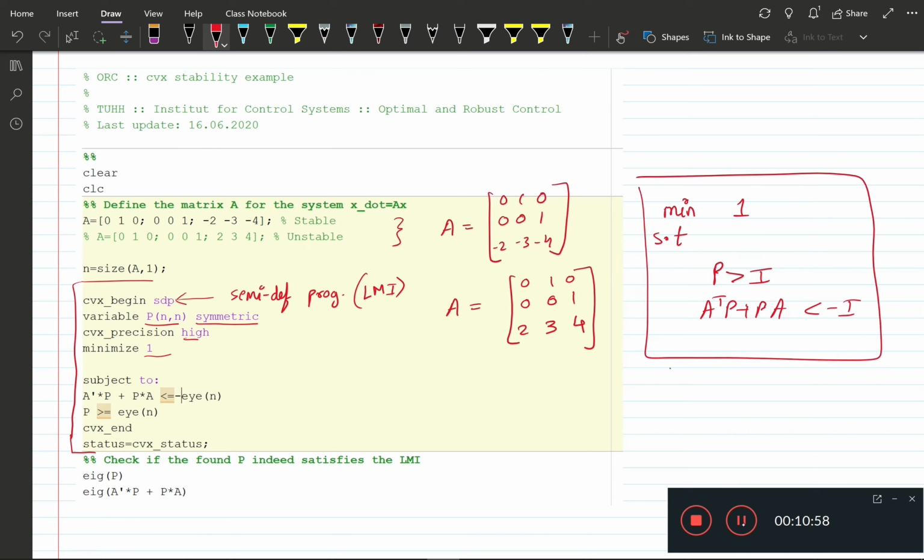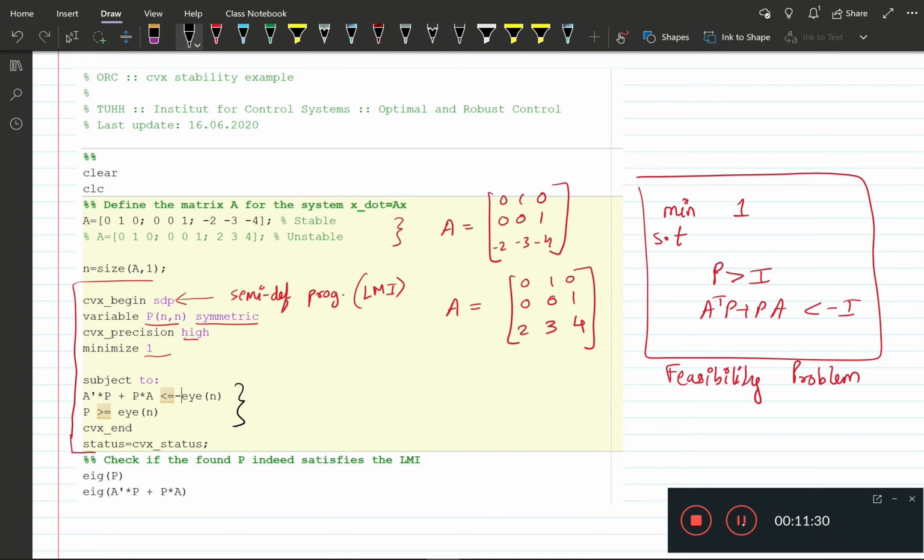And that's because we are solving a feasibility problem, in the sense that we don't want to minimize anything, but we just want to find a matrix P that satisfies the constraints. So we just say minimize 1 subject to these constraints here, so that is just A transpose P plus PA less than or equal to minus identity and P greater than or equal to identity.